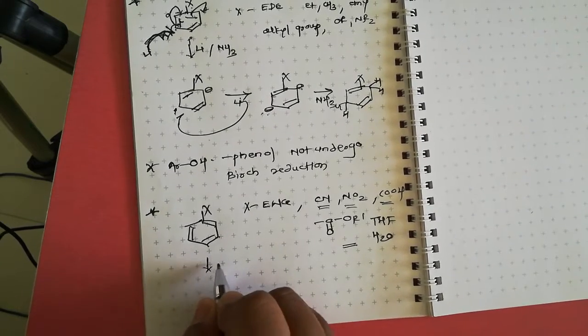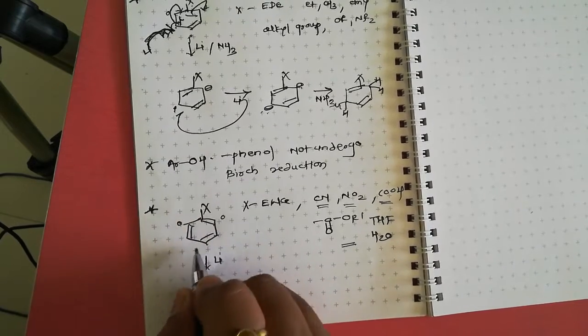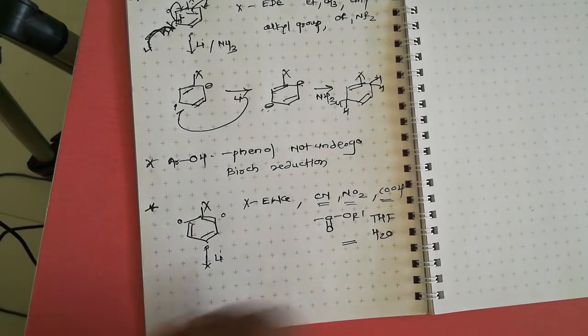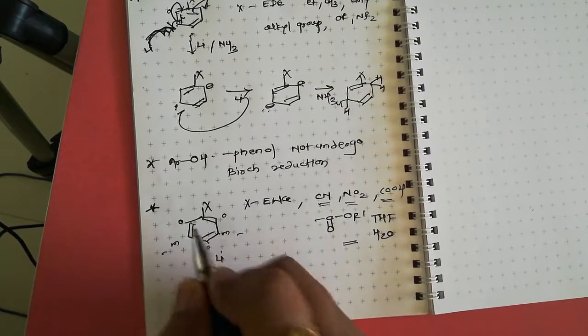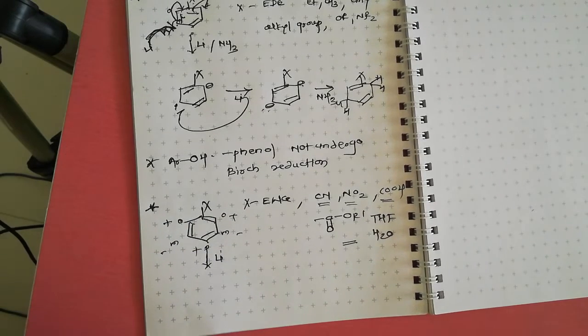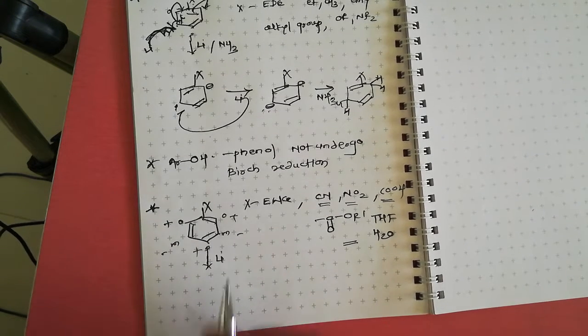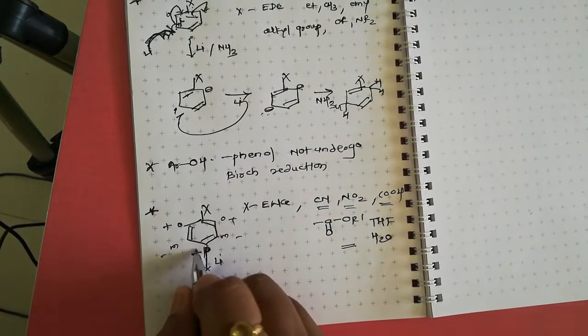Here lithium transfers its electron. The ortho and para positions are electron deficient and the meta position is electron rich. After drawing the resonance structure, we get positive charge on ortho and para positions. Therefore, the para position is electron deficient.